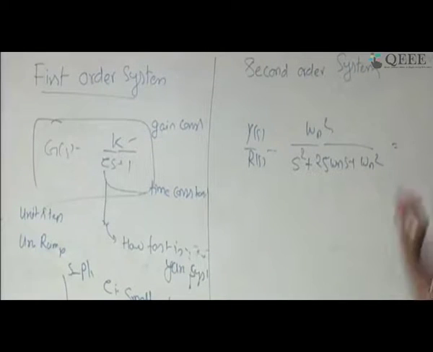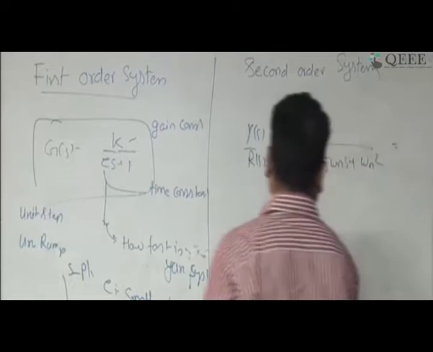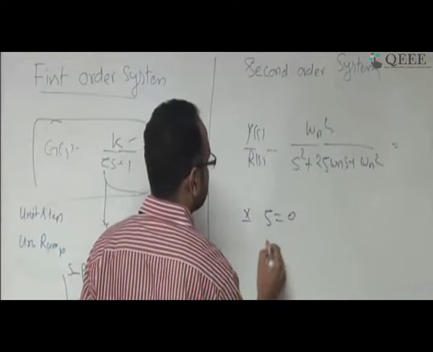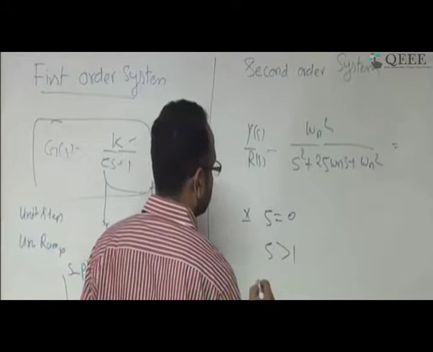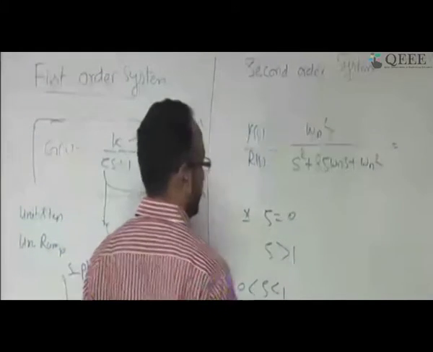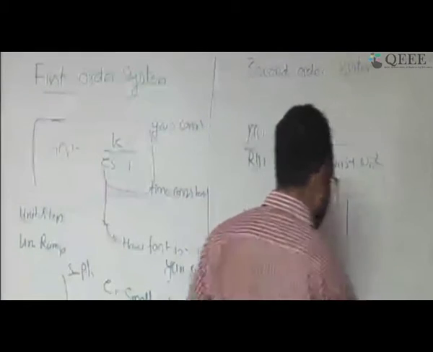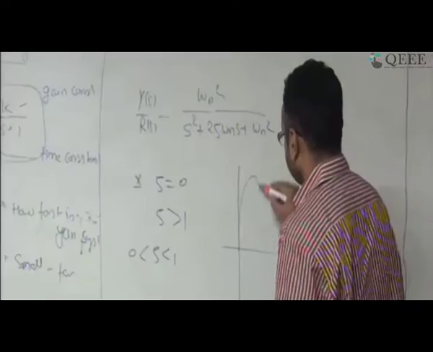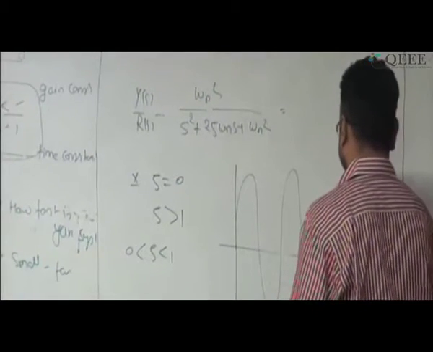This is what we have seen, and now we analyze the scenario for 3 cases: zeta equal to 0, zeta more than 1, and zeta between 0 and 1. For a standard input signal, if zeta equal to 0, you get a response something like this. It's oscillatory behavior.